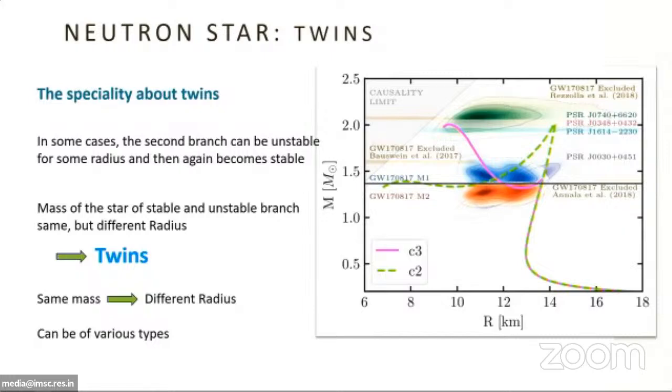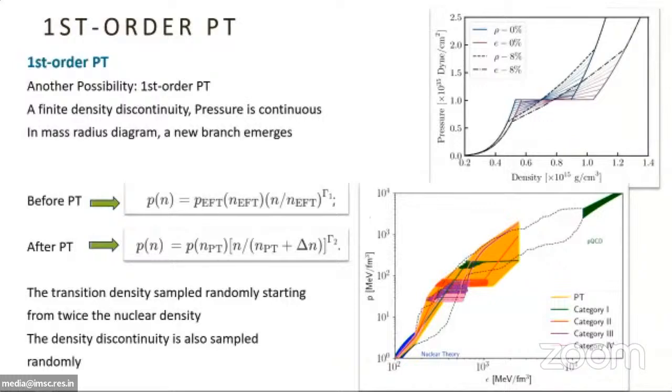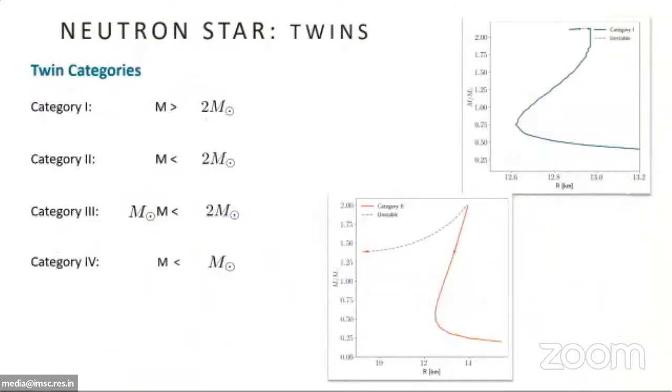So there can be different types of twins depending on how I construct my equation of state, and that is exactly what I have done. These are different categories of twins, and I have defined categories 1, 2, 3 and 4. Category 1 twins are twins where these two stars are at very high mass; they have the same mass but different radius. So these are category 1 twins. This has been categorized.